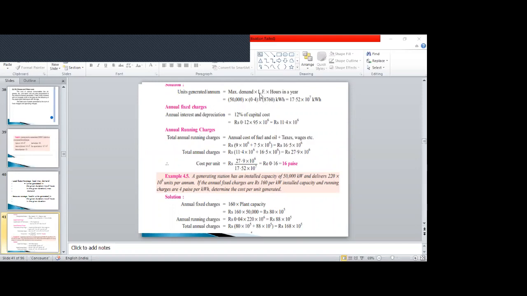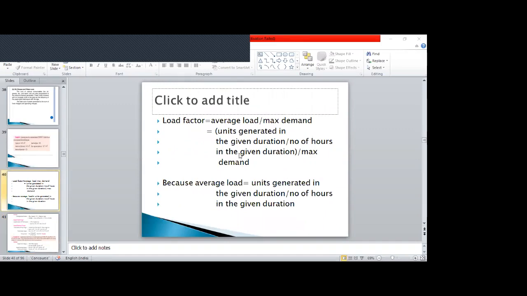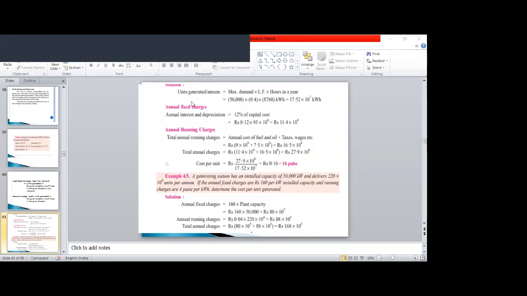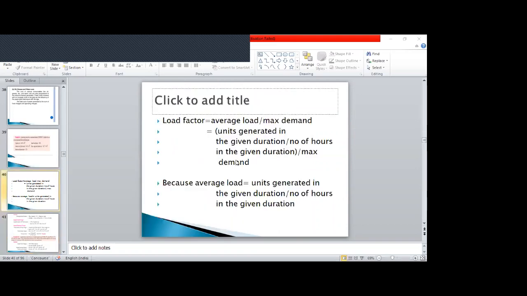This previous expression has been written here. Did you follow this equation? To make you understand, I have elaborated here.